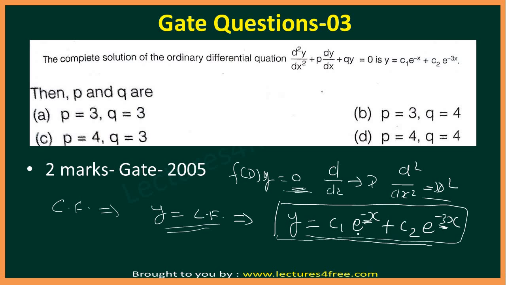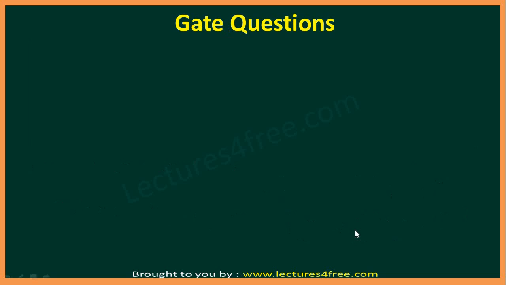So you can also write the auxiliary equation. First of all, let's write the roots of the auxiliary equation. By observing the answer, you can guess the roots. Roots will be D is equal to -1 and -3. So by these roots you can calculate the auxiliary equation.